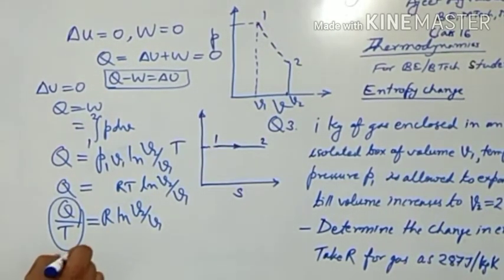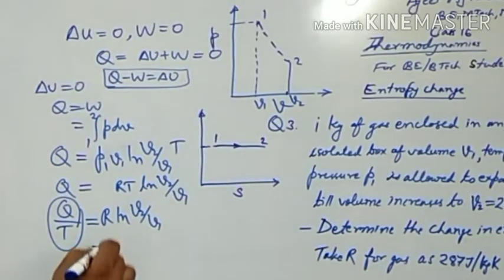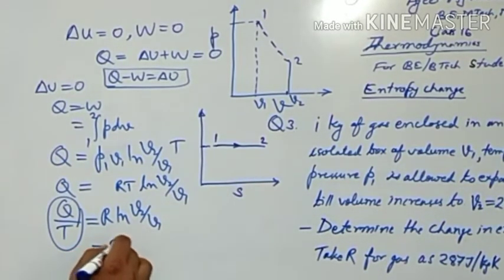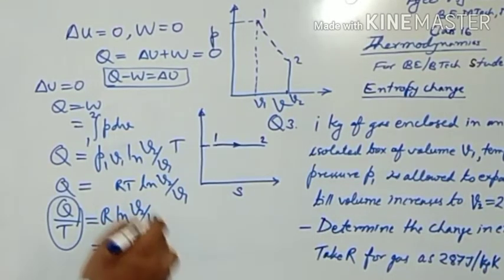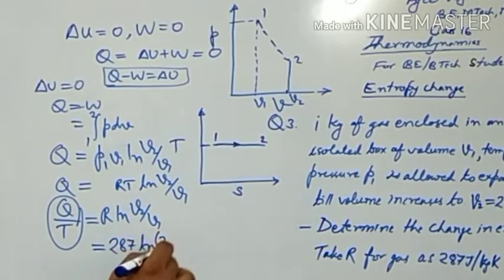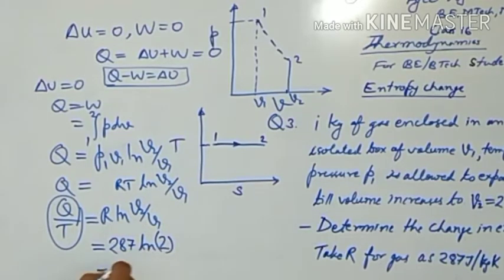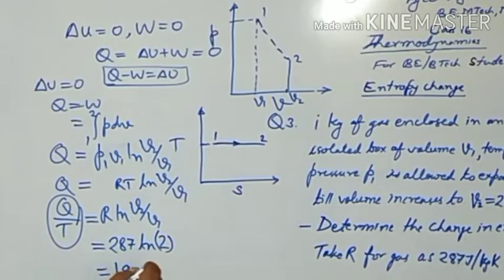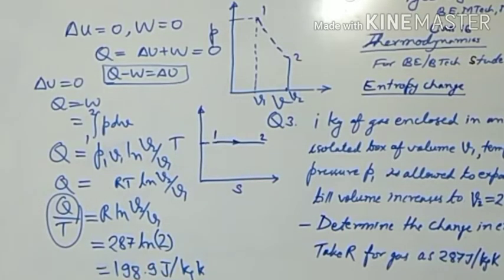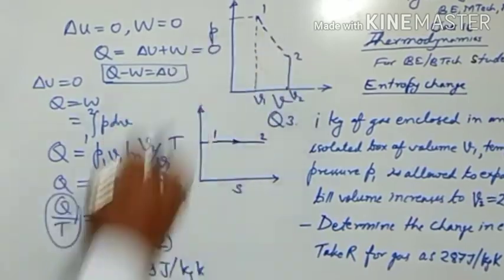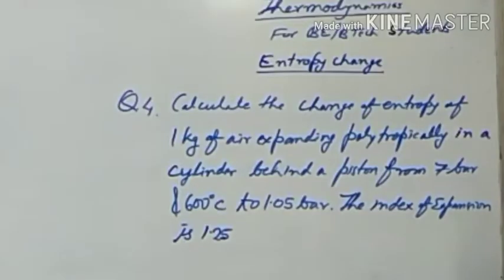Substituting the value of R, 287 log of 2, because V2 is 2V1. It comes out to be 198.9 joules per kg Kelvin. So that is the entropy change during the irreversible process.